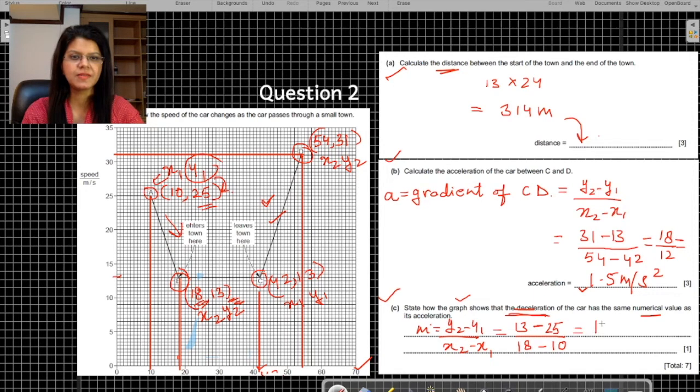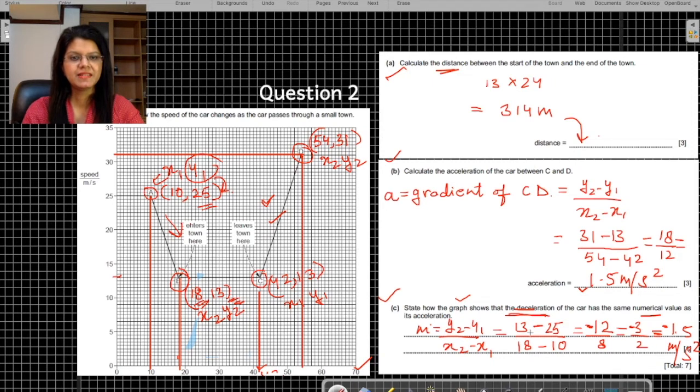So this whole thing becomes 12 over 8, which is 1.5. Here if you see, the numerator is a negative number. 13 minus 25 is minus 12. Ultimately your answer will be minus 1.5 meters per second square.